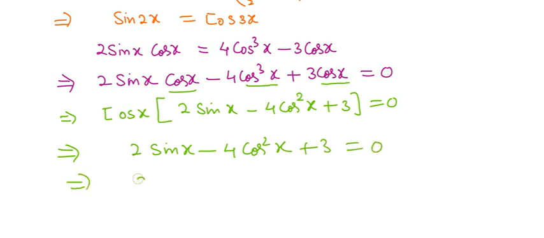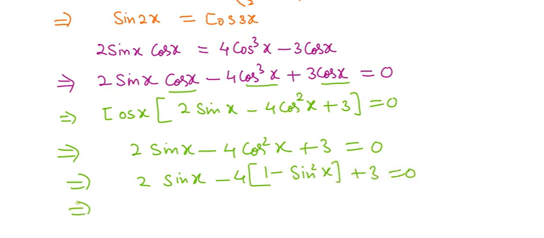See, this is 2 sin x minus 4. Cos square x may be changed like this: 1 minus sin square x. This is the identity. Plus 3 is equal to 0. In the next step you see 2 sin x minus 4 plus 4 sin square x plus 3 is equal to 0.